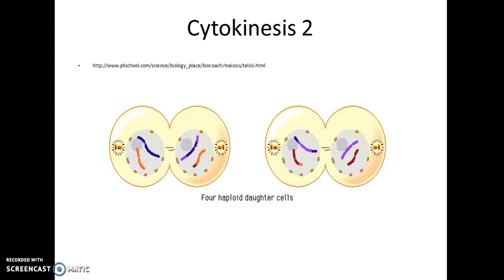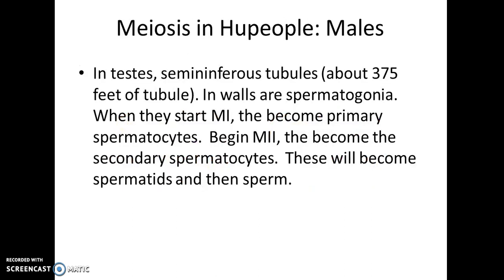Amazing. Draw the picture. So meiosis in you people, males. In males, our testes are made up of a long seminiferous tubule, about 375 feet per testis, like a long wound-up string, like a ball of yarn. In the walls of the seminiferous tubules are cells known as spermatogonia.